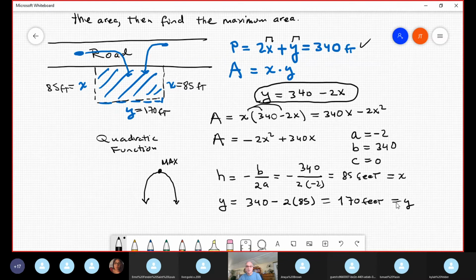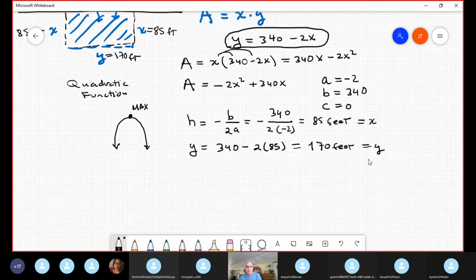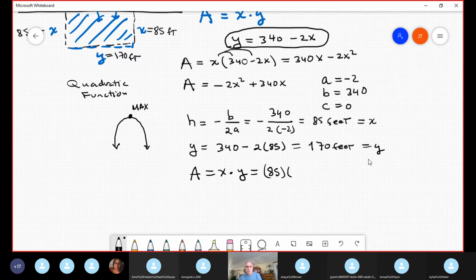Okay, so what is the maximum area? Well, my maximum area is the multiplication x times y. Who is x? 85. Who is y? 170 feet. And when you multiply this, it's 14,450. In this case, feet is squared because it's surface.